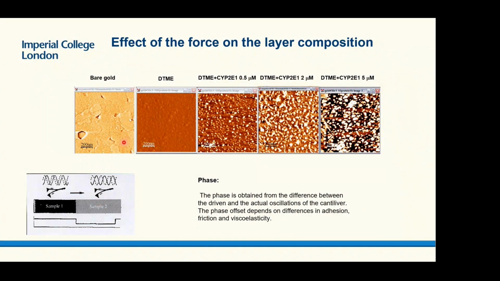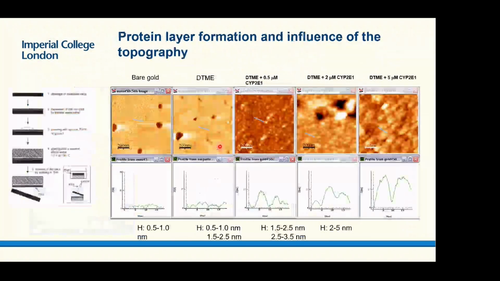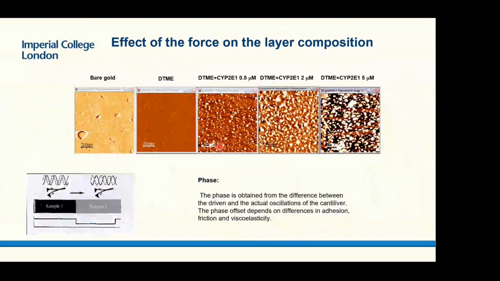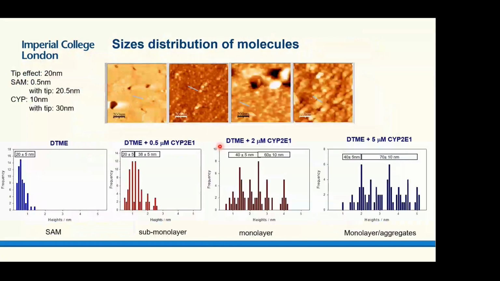And this interaction changes when the tip is interacting with a soft material like the protein, compared to, for example, the self-assembly layer and the bare gold itself. So you can guide yourself to try to assign the particles that you see from the tapping mode measurement, together with the phase, to see if these particles could be protein because the phase changed and the tip was interacting differentially with that.